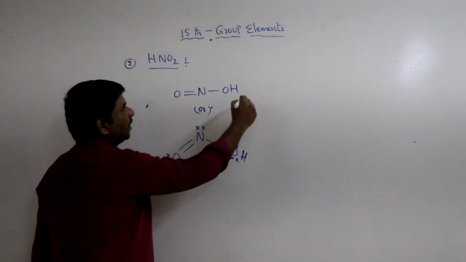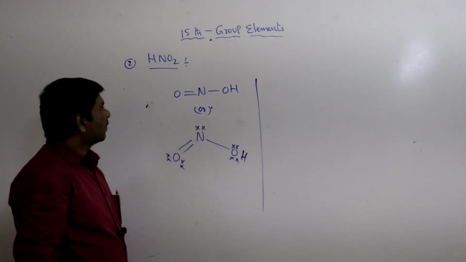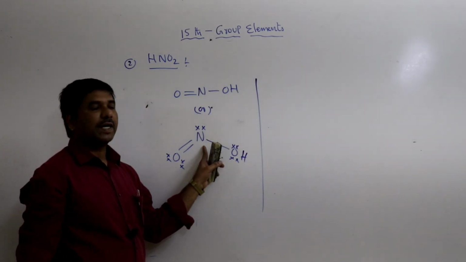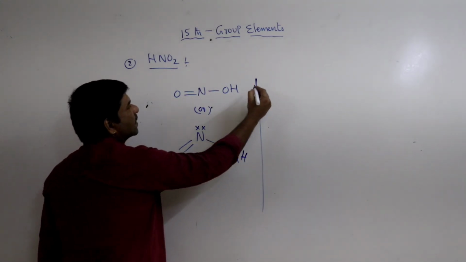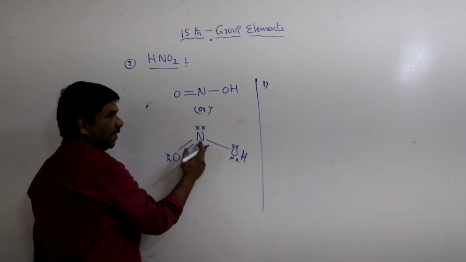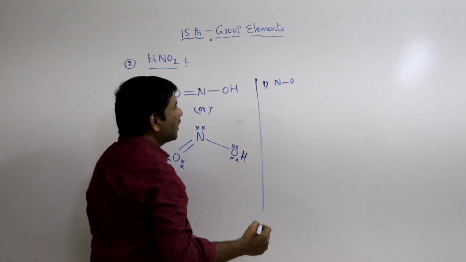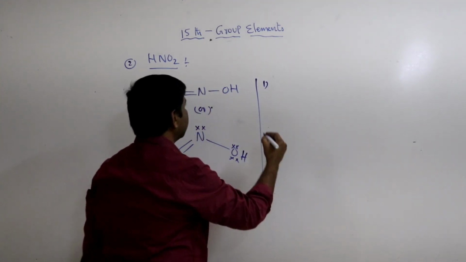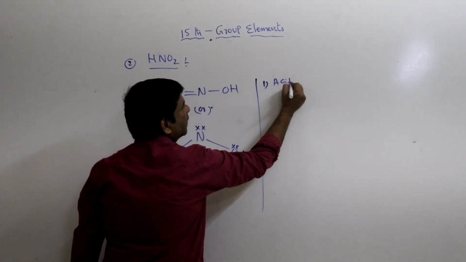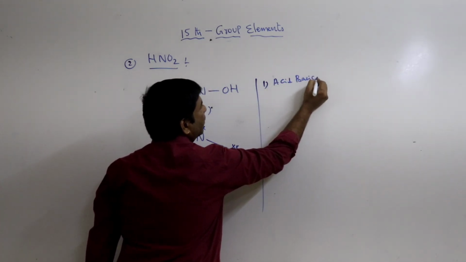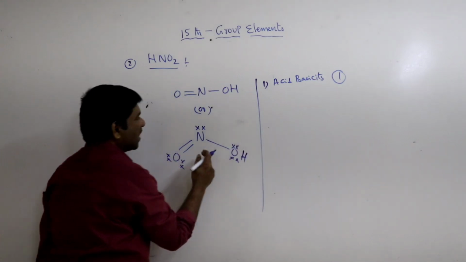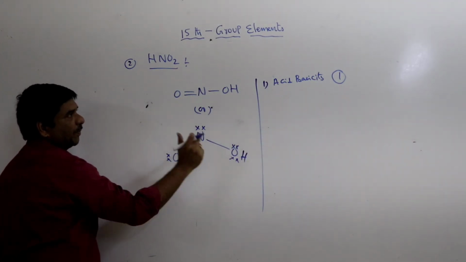In this also we observe its properties. Types of bonds: the N-OH bond is 1. The acid basicity is 1, because basicity means OH group, only one.